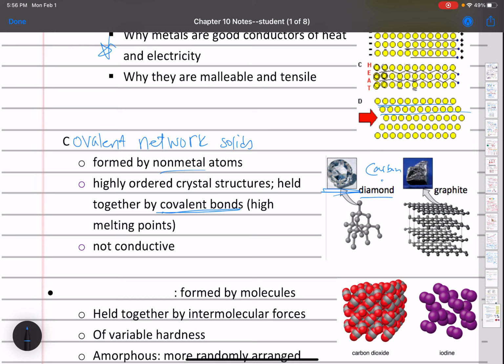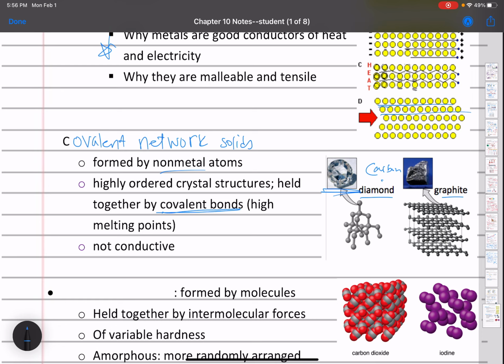So diamond is carbon atoms bonded with all four bonds apiece in this big crystal network, whereas graphite is carbon atoms bonded in flat sheets that then stack up on each other. Think of graphite in your pencil.